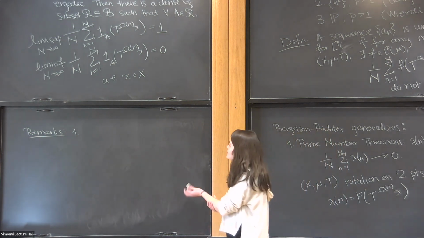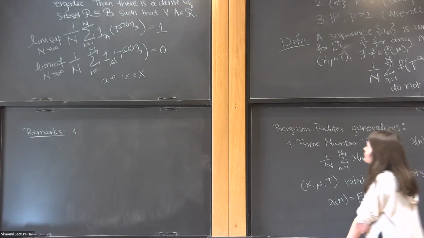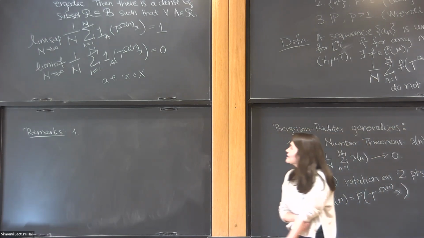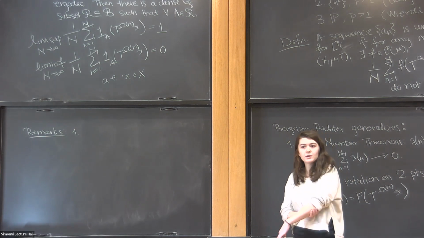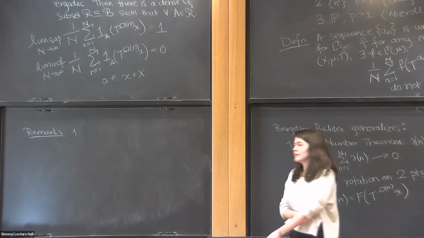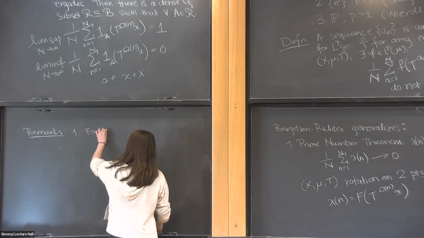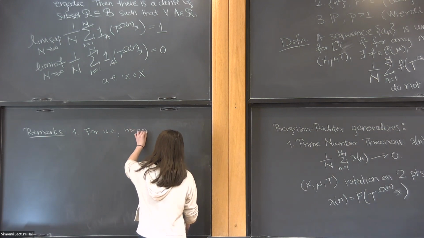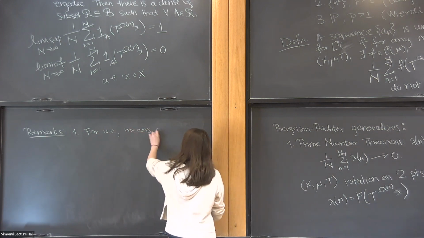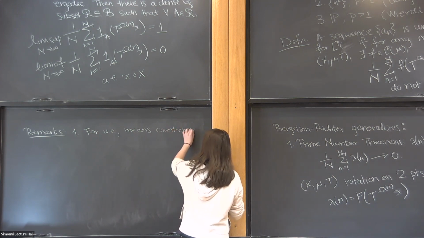And so what this says, in order to coexist with Bergelson and Richter's theorem, is that the counterexample to the convergence has to be coming from something that's L1 but not continuous.